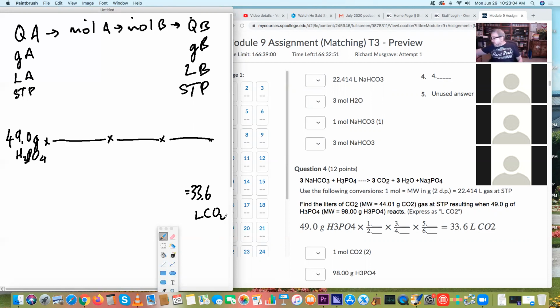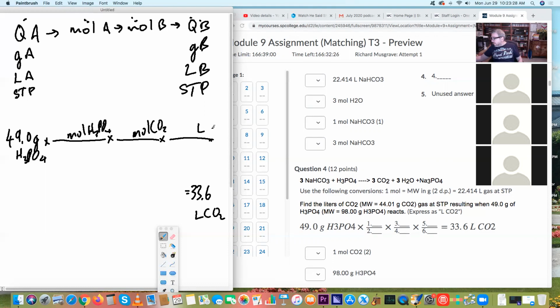So if we look at the flow chart, we're going to be starting here, and then we'll go to moles of A, then moles of B, then Q of B, or quantity of B, which will end up being the liters of CO2 at the end. So again, you'll notice everything will match here. That'll be moles of H3PO4. This will be moles of CO2.